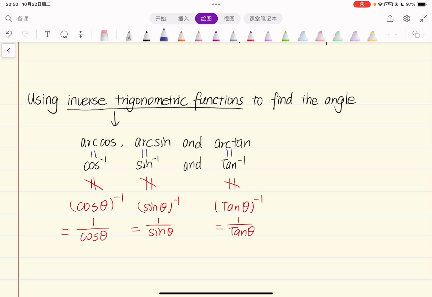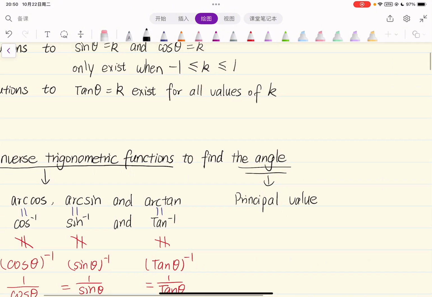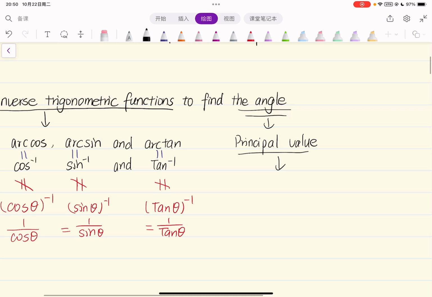And we use these functions to find the angle, and we call this angle the principal value. These principal values in the calculator have the following range.